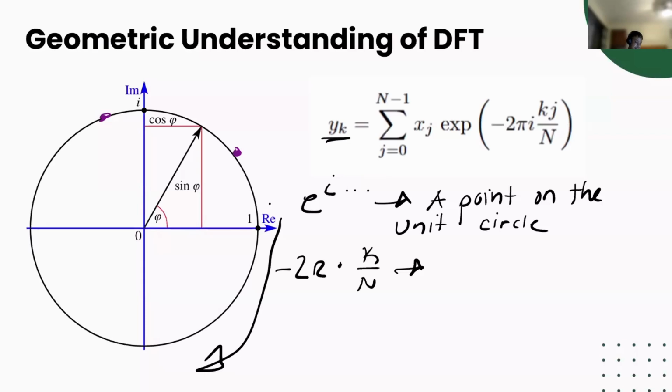So let me go ahead and erase this here. I'm taking steps around this complex unit circle at discrete points, at rates of a fraction of this. So it's going to be at very discrete points.